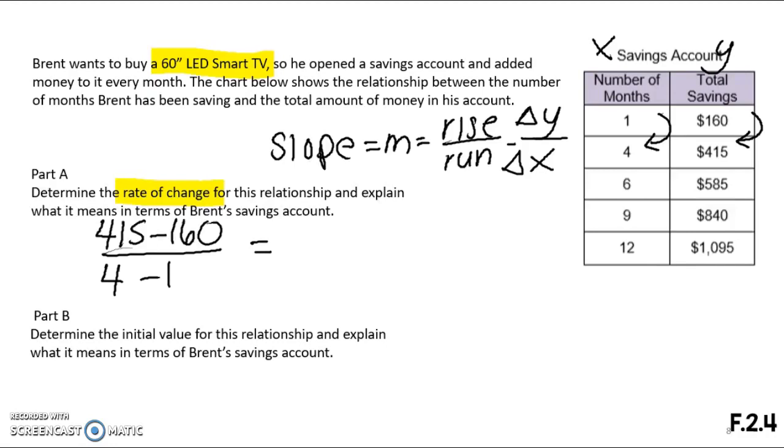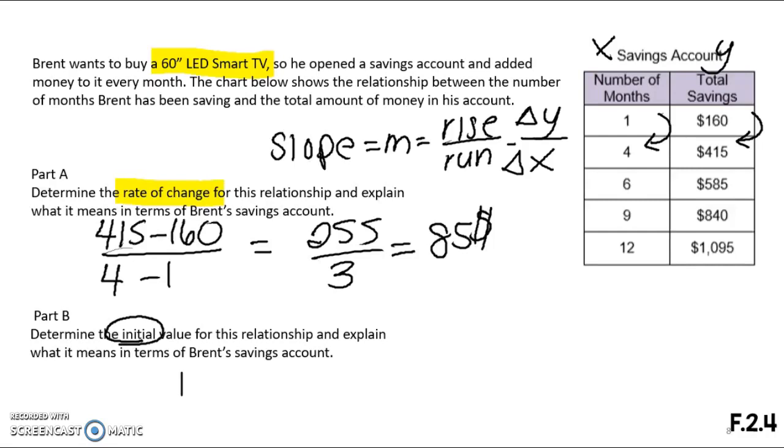So I would end up with, if you have your handy dandy calculator out, 255 over 3, which would give me $85 per month. So he's saving $85 per month.